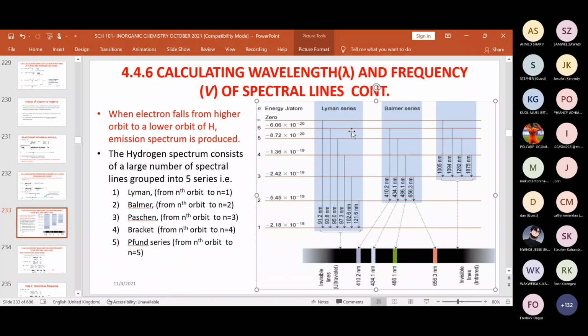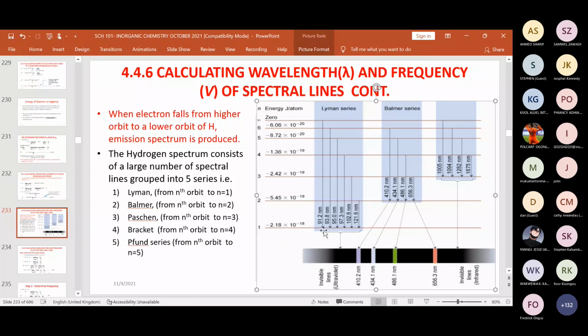These series of wavelengths are called the Lyman series. So if I ask you to calculate the energy or wavelength when an electron falls from the second energy level in the Lyman series, it means the electron is falling to energy level 1, so I don't need to tell you that it's moving from energy level 2 to 1.